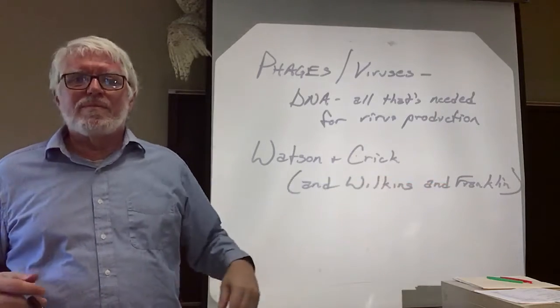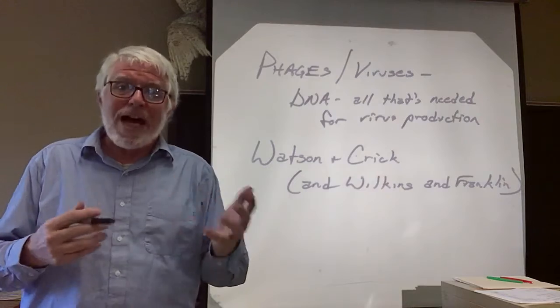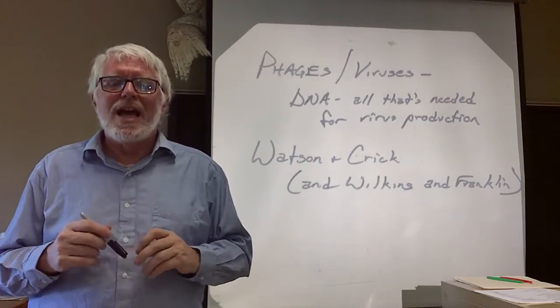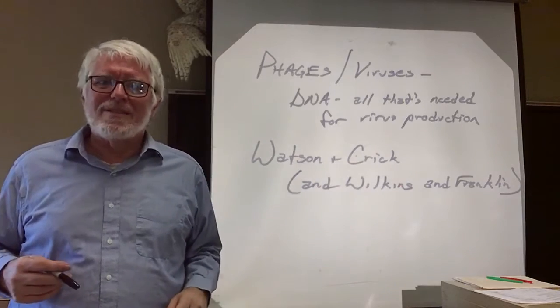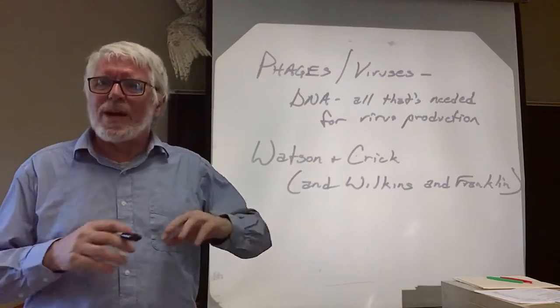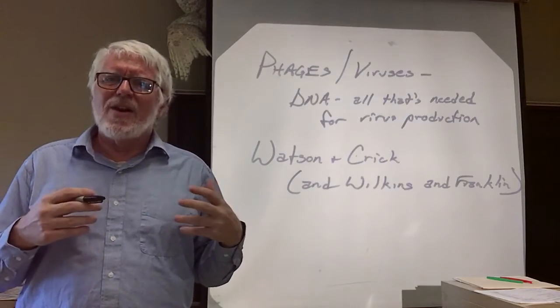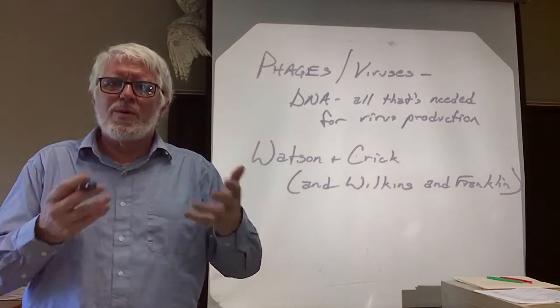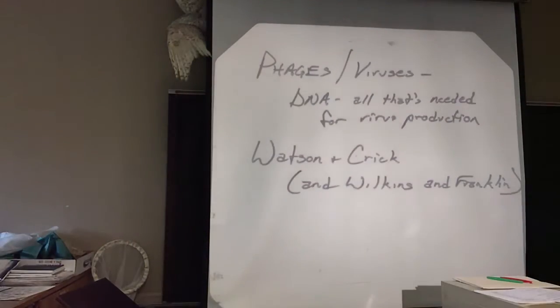Rosalind Franklin, possibly because, well, probably because she was a woman, possibly because she was a Jewish woman. And I forget what the issue with Wilkins was, but Watson and Crick just went on to be really famous based on their ability to portray DNA code in a way that made sense.